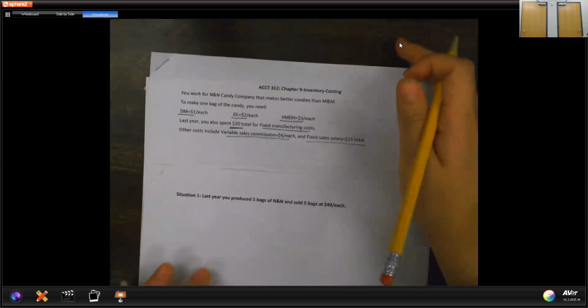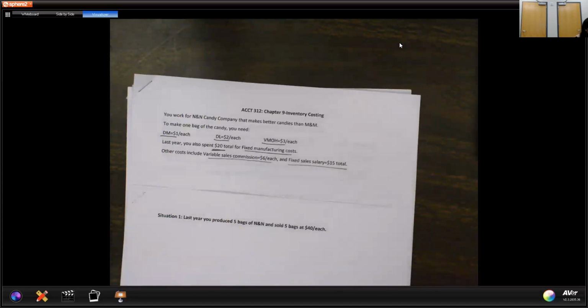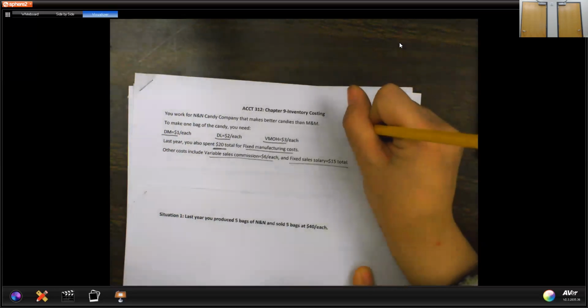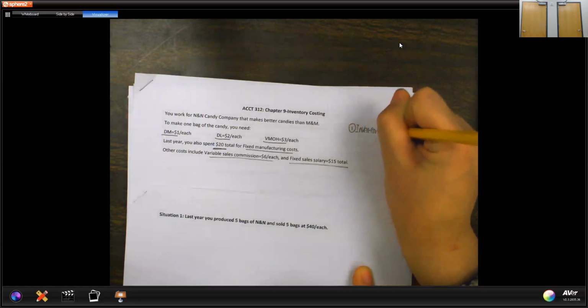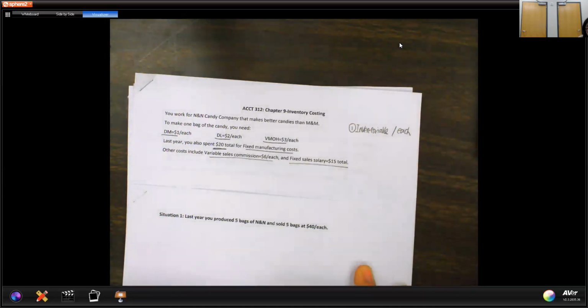The first situation is you made 5 bags, you sold 5. Our first step, I always suggest you do this 2-step approach, although you may not think it's useful, it's safer. So our first step is we always get the inventoriable cost for each product.